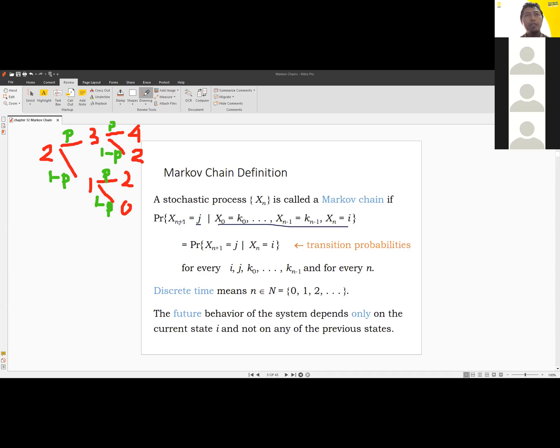The probability that the next condition is equal to G, given the past condition, where this is the past condition and this is the future condition. We can simplify the writing.